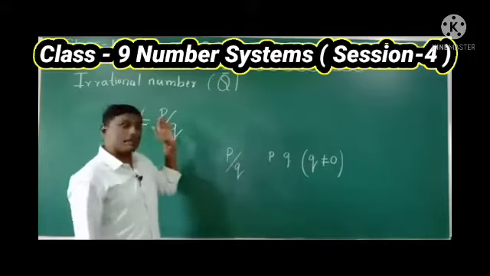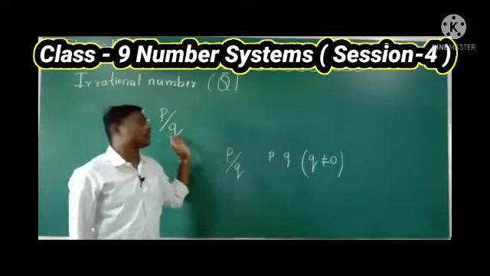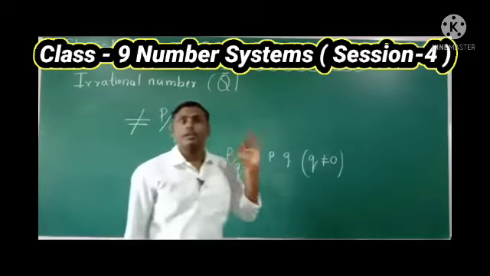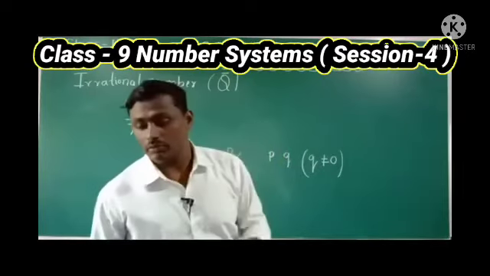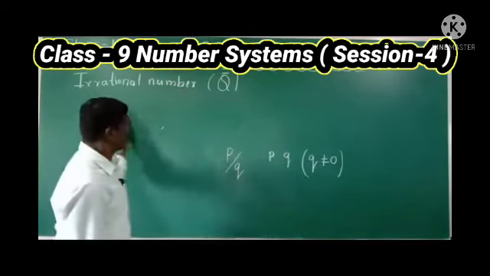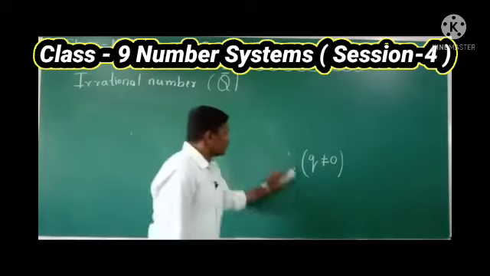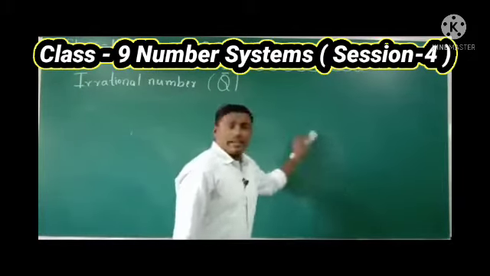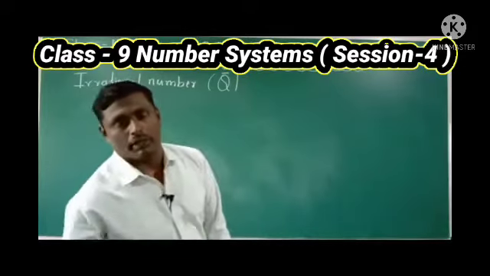These types of numbers are called irrational numbers. Okay, so let's take some examples for irrational numbers.